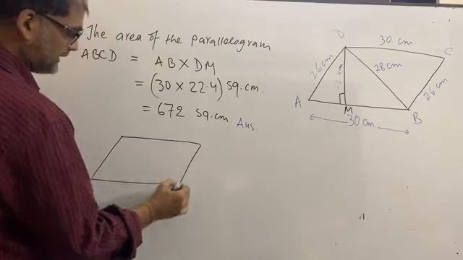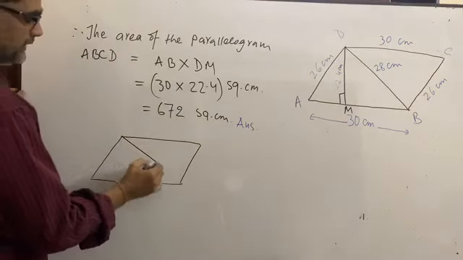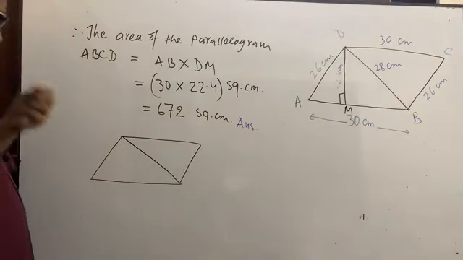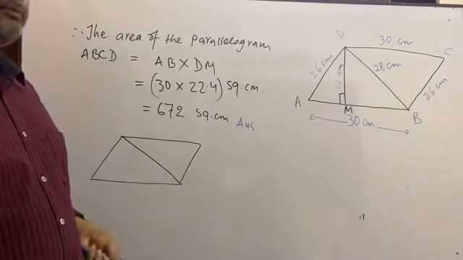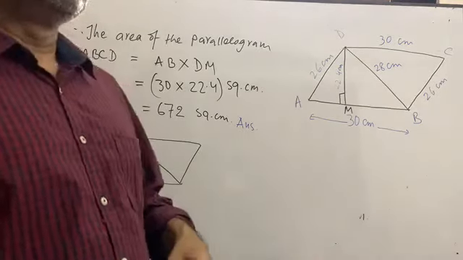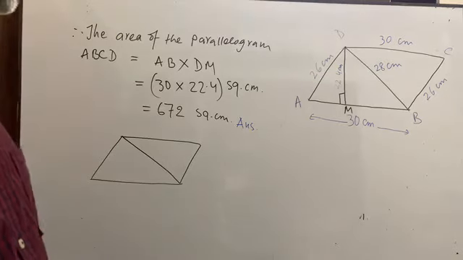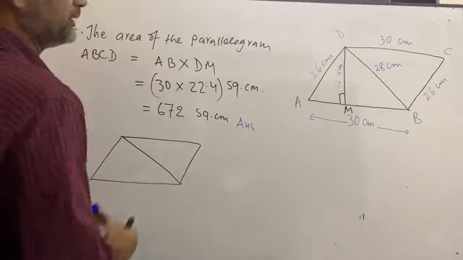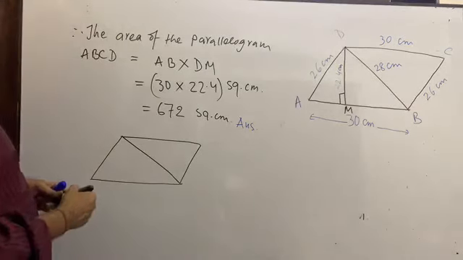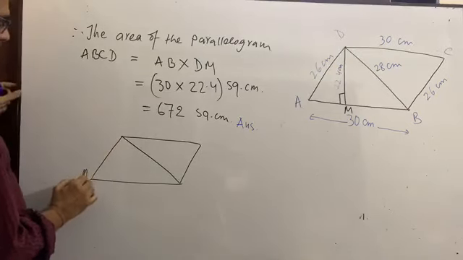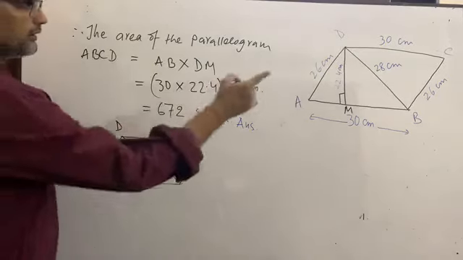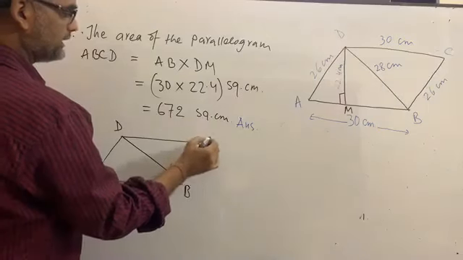You consider it as a parallelogram. It is a diagonal. You know that a diagonal divides a parallelogram into two equal triangular regions, right? That is, this and this will be equal. Can you remember, please? It was A, it was D, it was B, and it was C.